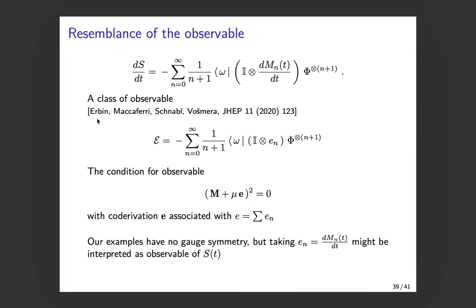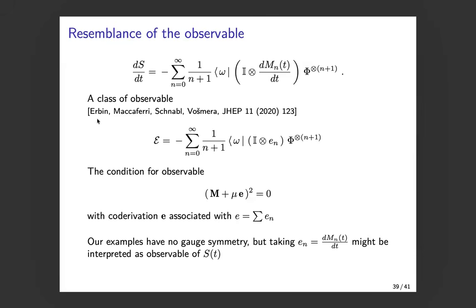Also, let us turn the attention to the relative ratio of the partition function. Our formula involves the dS over dt, and this can be written in terms of homotopy algebra like this. And this is similar to a class of observables proposed by Ivanov, McAfee, Shinobu, and Bochmeller in the previous paper.